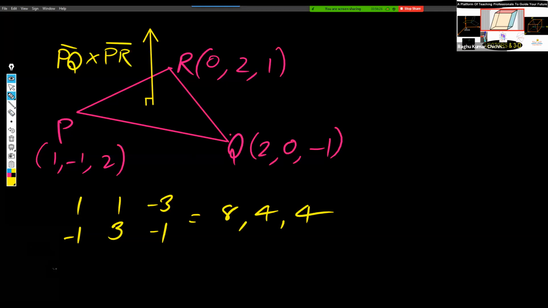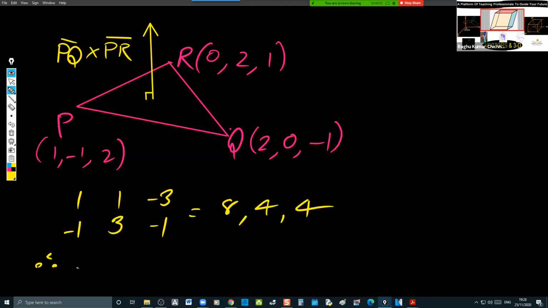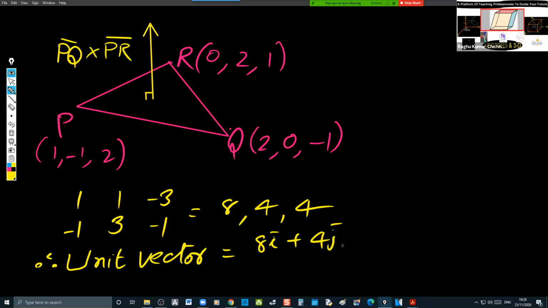Therefore, unit vector is equal to (8i plus 4j plus 4k) divided by root over 8 square plus 4 square plus 4 square.